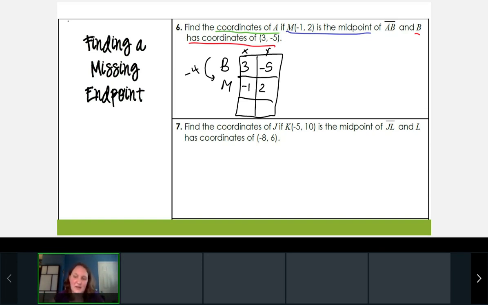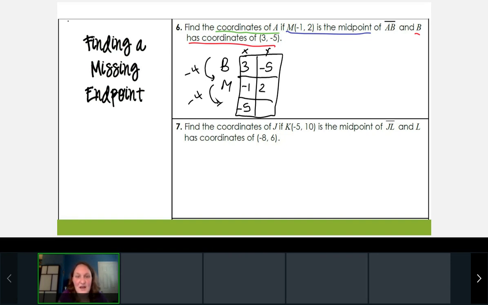How much further am I going to have to walk to get to the other side? I'm going to have to go -4 again, right? Because I'm halfway there. So to get to the other endpoint, I have to go another -4 units. So I end up at -5. I'm at -1. I go -4 more units. I'm at -5 now. Right?